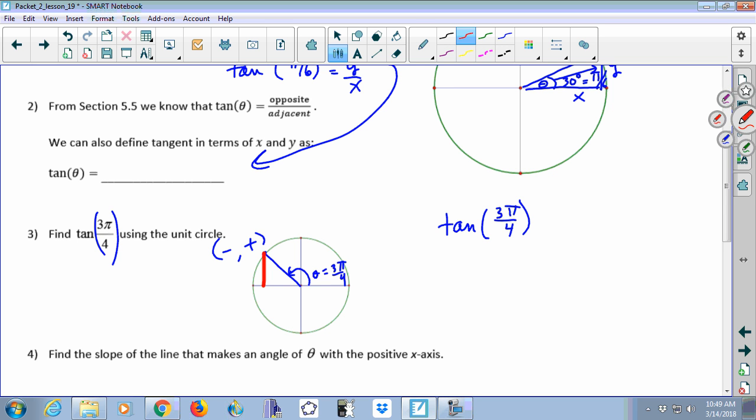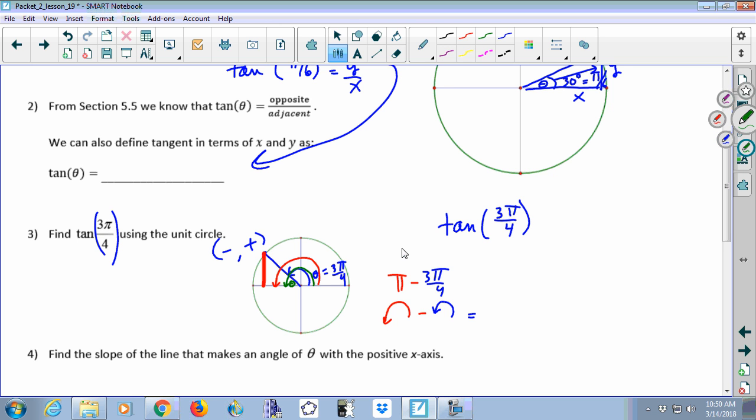We know that our reference angle would be pi take away 3 pi over 4. So if I went all the way around like that, I'd be at pi. So pi is the red arc. I'm going to subtract away the blue arc, which is most of the way, and that's going to give me the green arc, which is this angle right here.